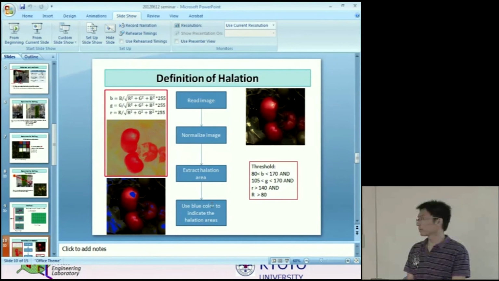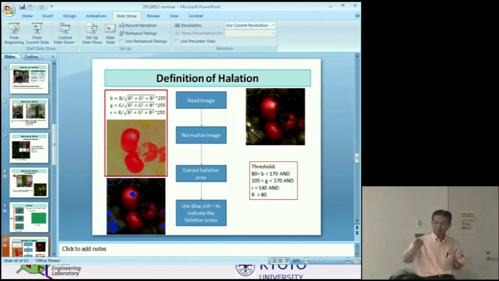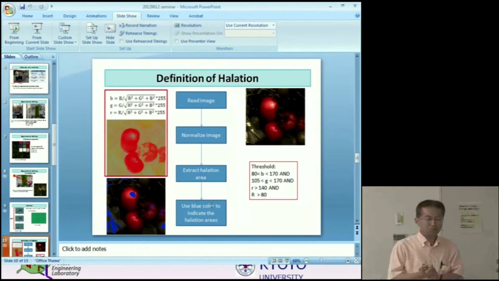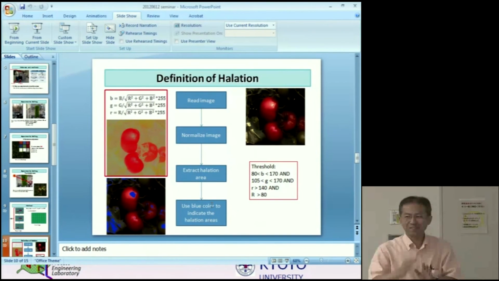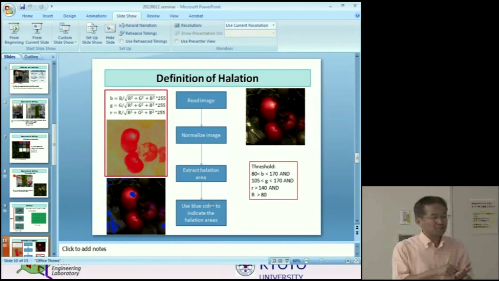Anything else? Cheng Xiao and Wang Tian are going to hopefully graduate from this school in September. To do that, you have to do the defense in August, early August, maybe.